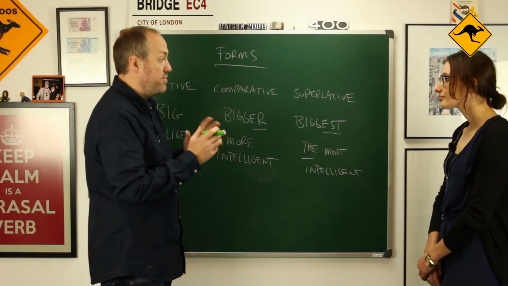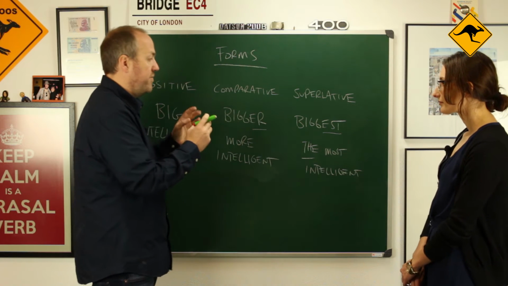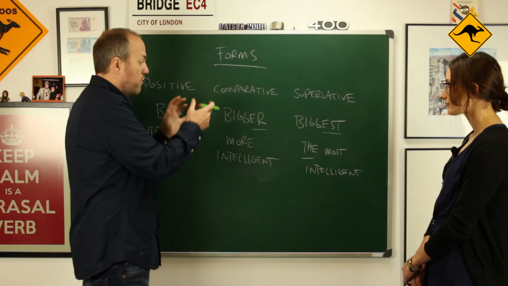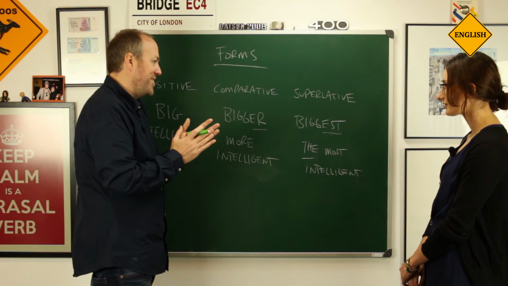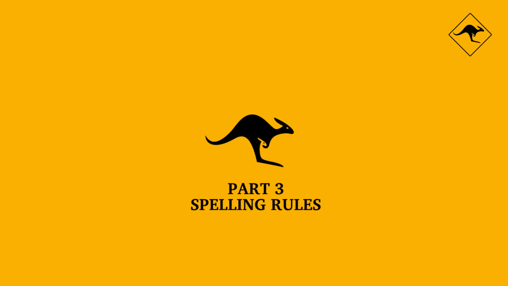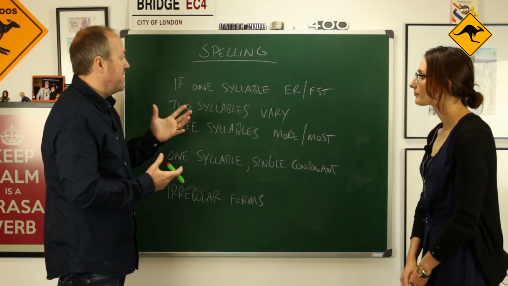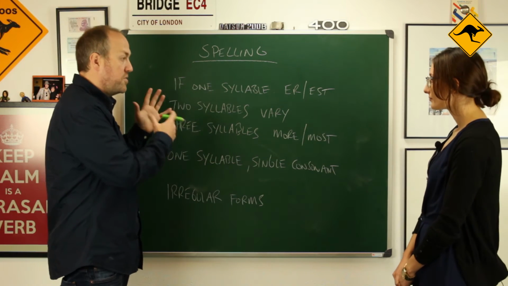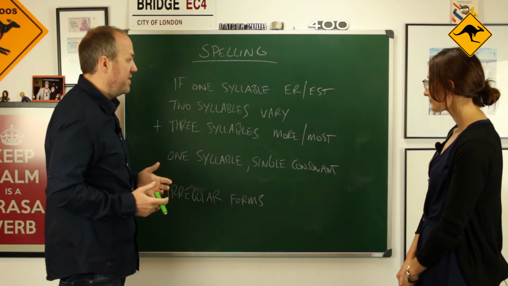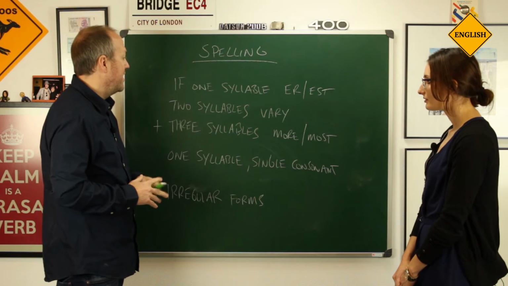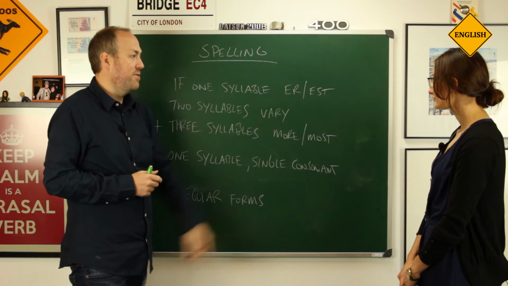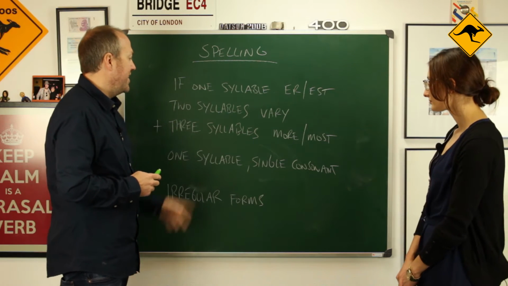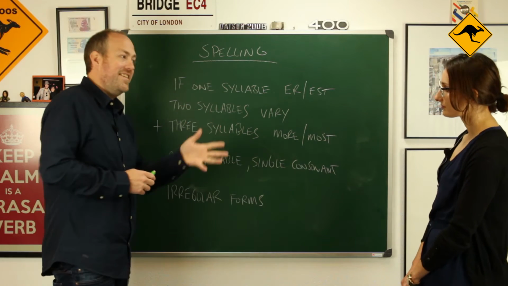But there are some exceptions, so let's look at the rules for the formations, and then we can start to talk about the different types of adjectives. So these are basically the general rules for the spelling and the formation of the adjectives. So if it's one syllable, generally we add ER or EST. Two syllables, it depends.